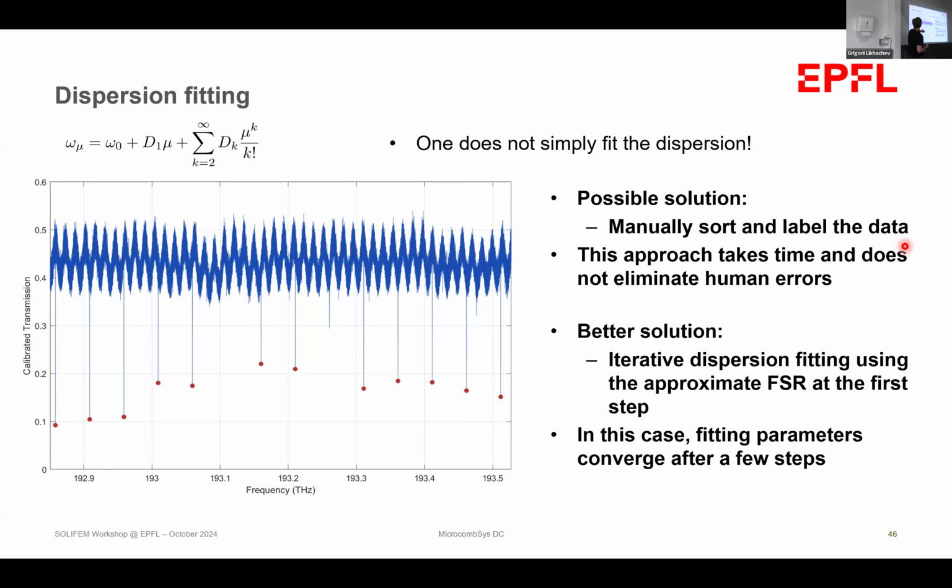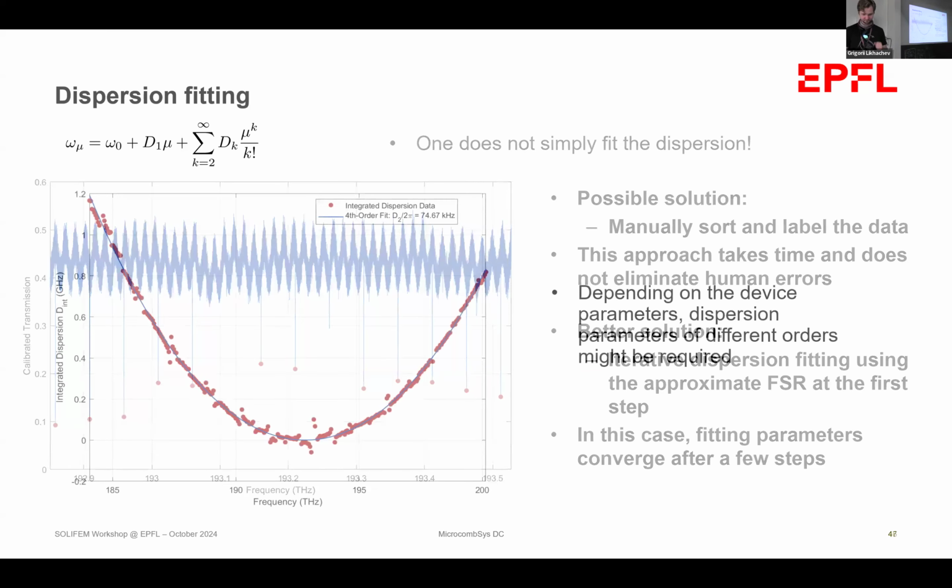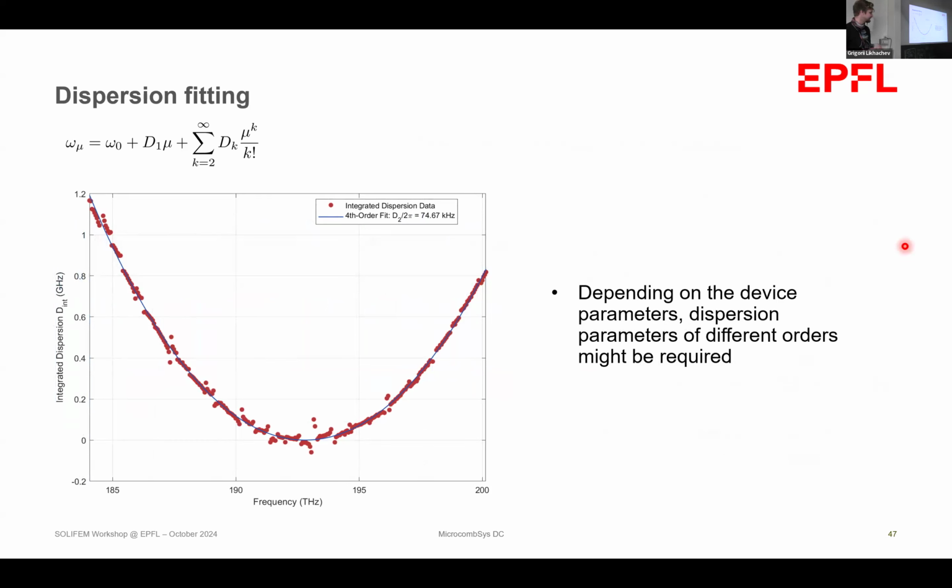Then we need to determine the FSR of the cavity, which is the D1 parameter over 2 pi. If we just do a linear fit of our data, that's going to give us only the approximate FSR, because some resonances are missing in this data. When you do everything properly and iterate your routines a few times, at some point you end up with something like this.